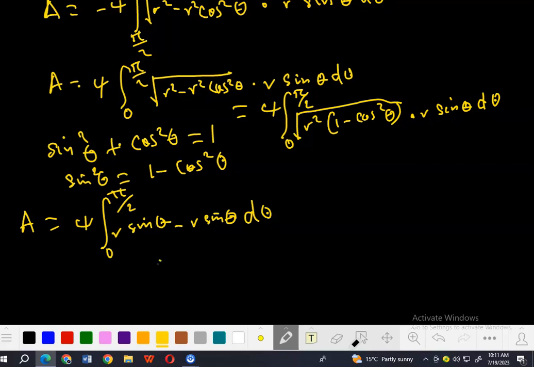So area now is equal to 4, the integral from 0 to pi over 2 of r squared sine squared theta d theta. You have that down.